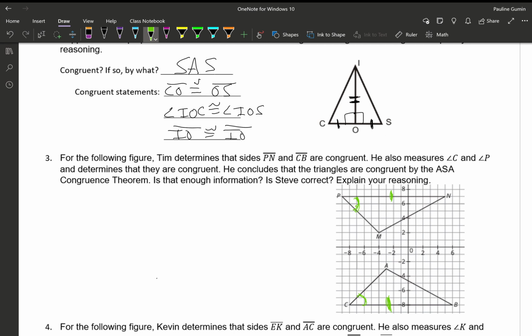Is that enough information? Is Tim correct? No, I would say no, not enough. We only have one side, one angle, and it's just not enough information. Because of the diagonal line of PM, we don't know if it's SAS. We don't know yet how to measure this diagonal distance.